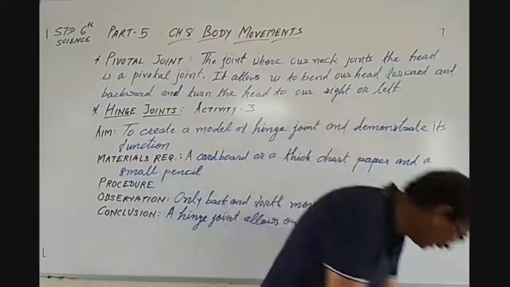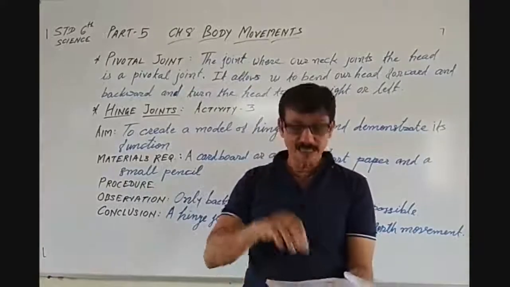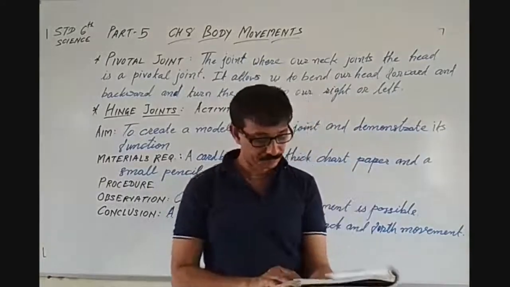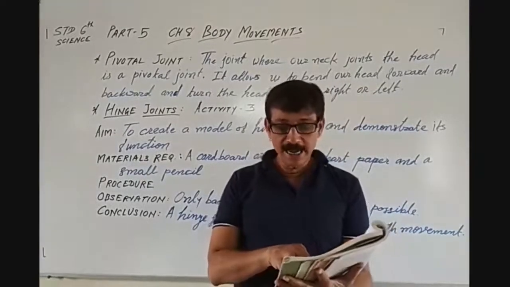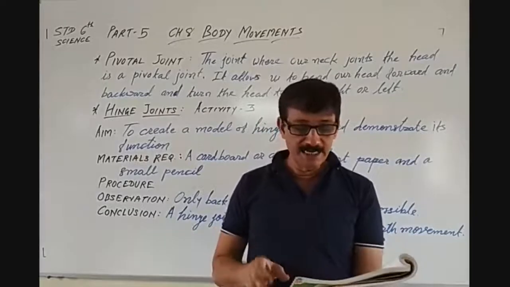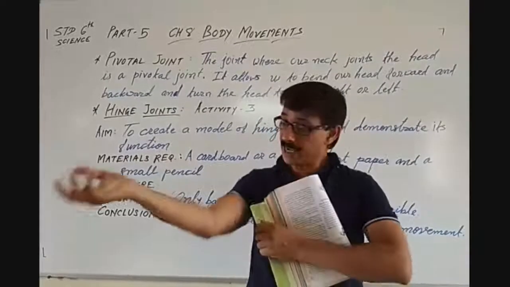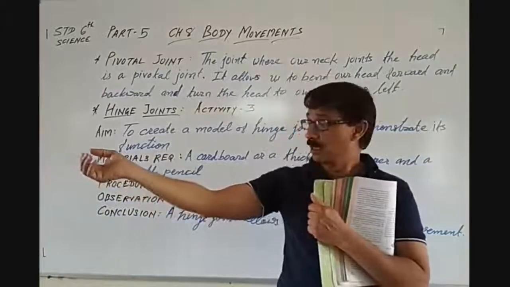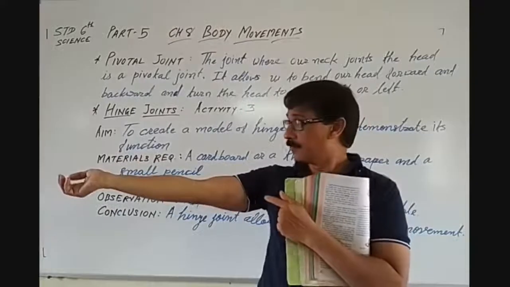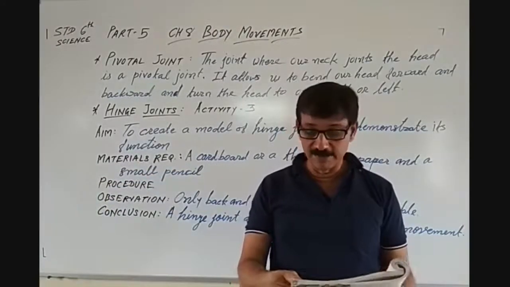And now let's see this in the textbook also once again. So come to the textbook. We saw this kind of movement at the elbow in activity 1. We discussed the elbow.